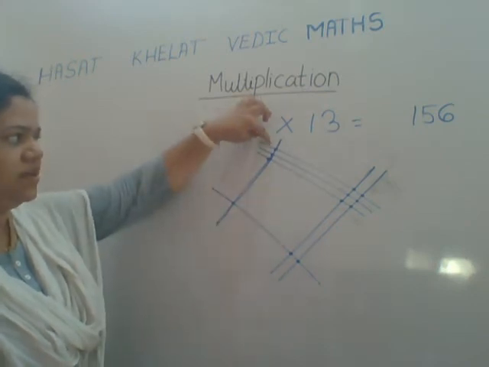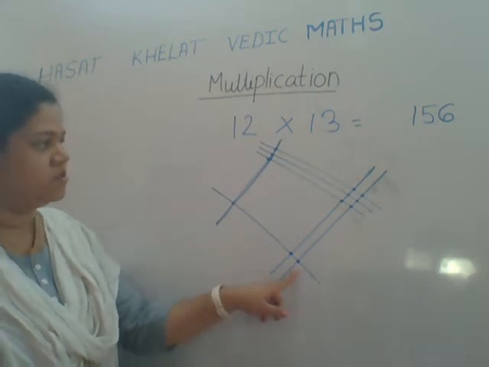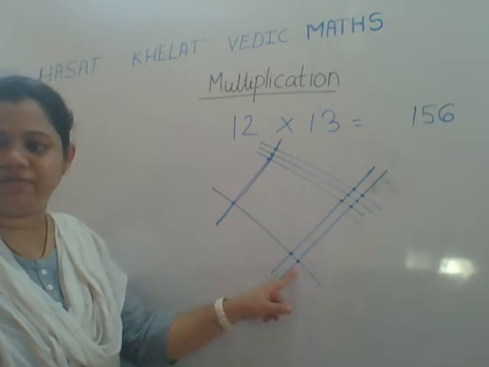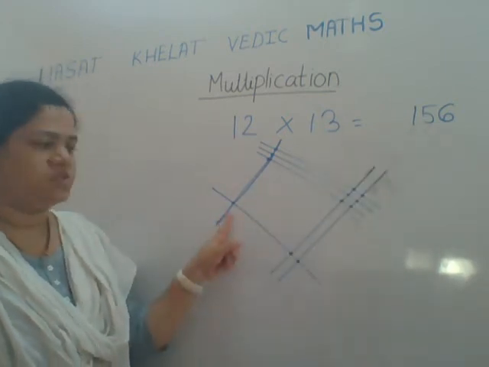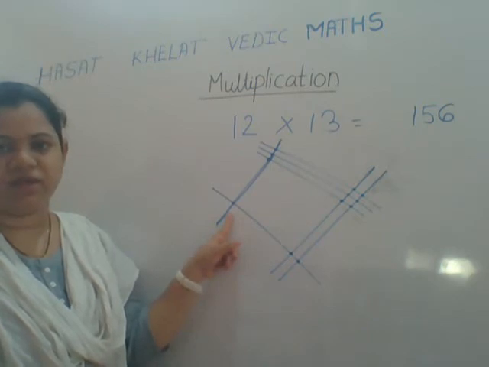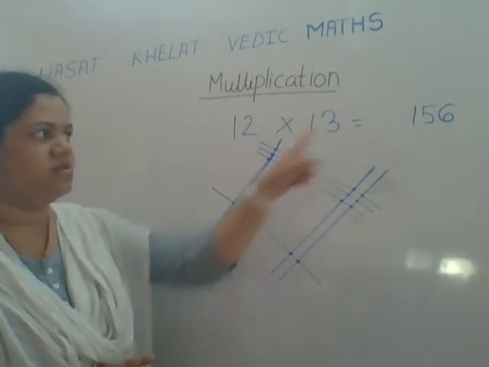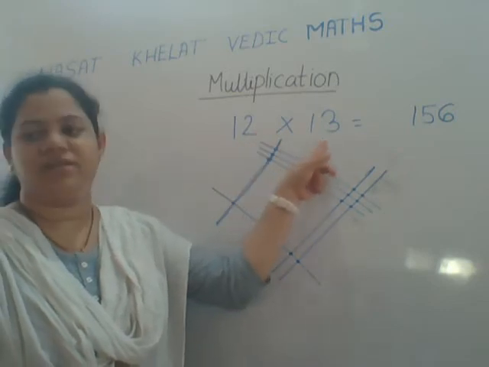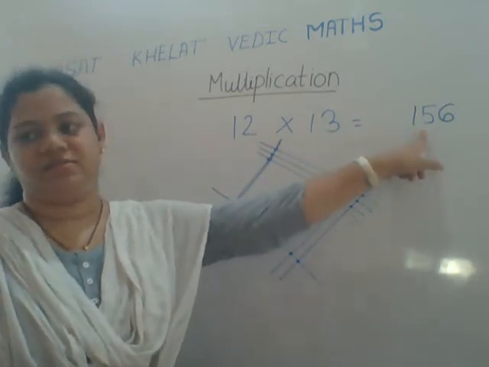So on the upper side there were 3 points and on the lower side there were 2 points. I added them up, 3 plus 2. I got 5. I wrote 5 in the tens place. And lastly, on the left side, there was only one point of intersection. So I wrote 1 here. And finally we got our answer that 12 multiplied by 13 is equal to 156.